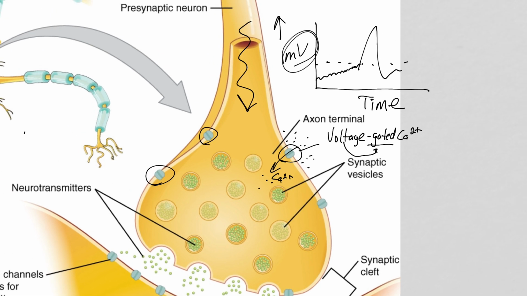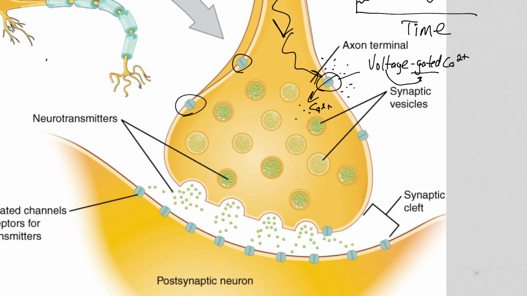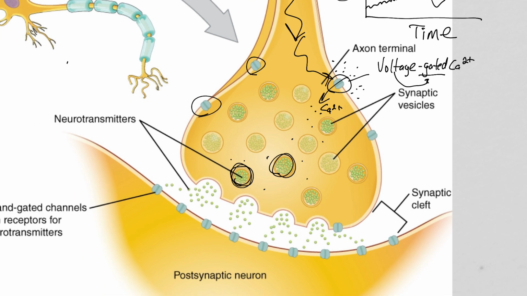The action potential coming down the axon will open those channels, calcium will flow in, and there are a lot of molecular details going along here, but we probably don't need to know every one of them. It's probably enough just to know that calcium inside this axon terminal is the trigger that tells these vesicles, these round structures, which are really like spherical balls of membrane filled with neurotransmitter, and the little green dots are representing our neurotransmitter.